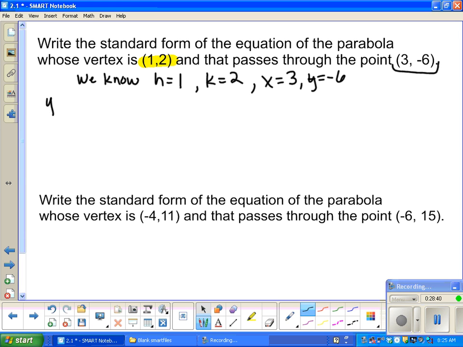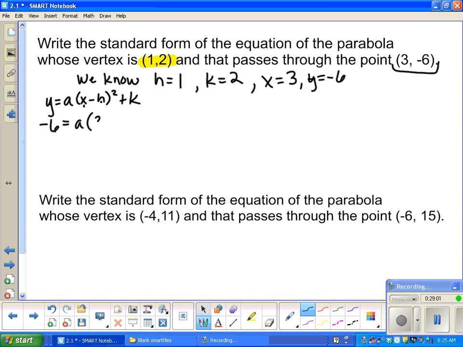So this is the standard form. Since that's a standard form, we know everything. We know the y, we know the x, we know the h, and we know the k. So let's substitute. Y is negative 6. We do not know a.